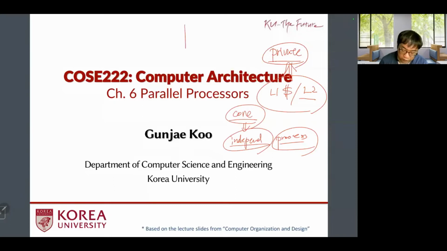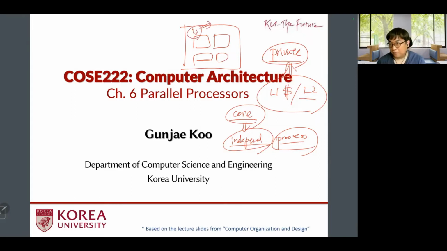But in a multi-core architecture, there are multiple cores, and each core includes up to the level 2 cache. But in a multi-core architecture, there is a level 3 cache. So this is the last level cache, and this level 3 cache is shared by multiple cores. So most modern processors are multi-core processors.